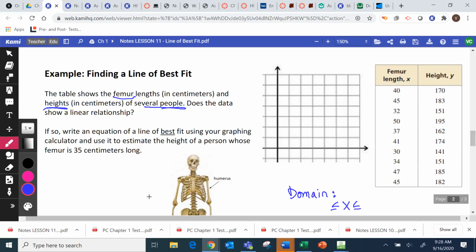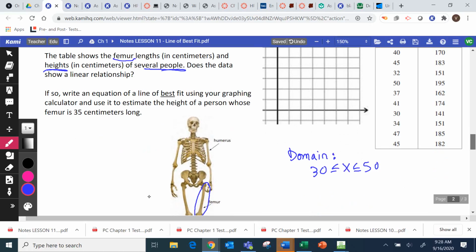What's the lowest amount? What is it? 30? Is it 30? Yeah? What's the highest amount? 50? Okay. So that's my domain.